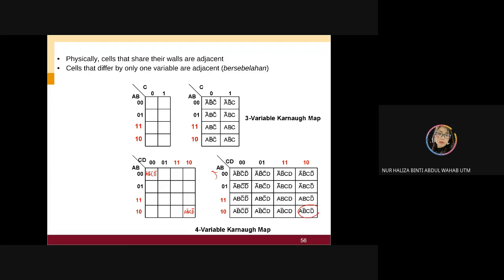So you check here. Maybe you can fill in all this table by yourself without referring to this. After you finish, then you check your answer. Is it correct or not? If not correct, then you say, okay, what is my mistake?